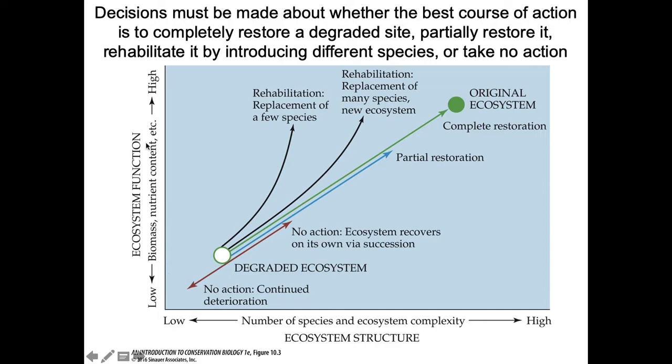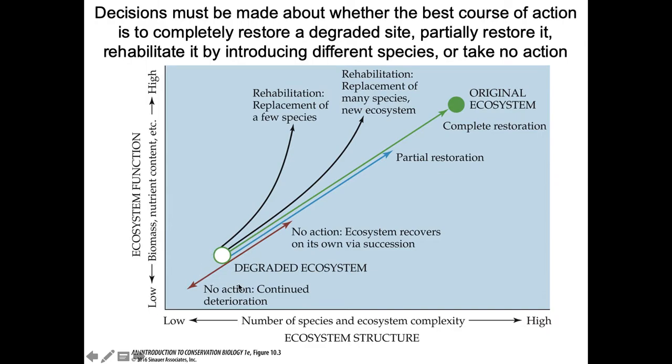And we see ecosystem function here on the y-axis. So as this circle moves up, then we're getting more ecosystem function. We might get more plant biomass, more nutrients in the system. That ecosystem is just functioning better.